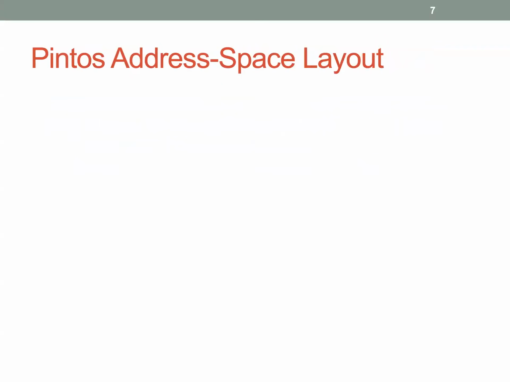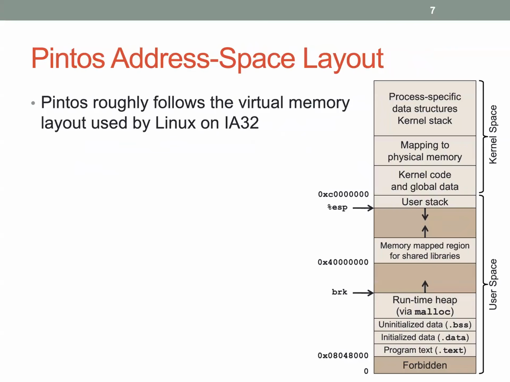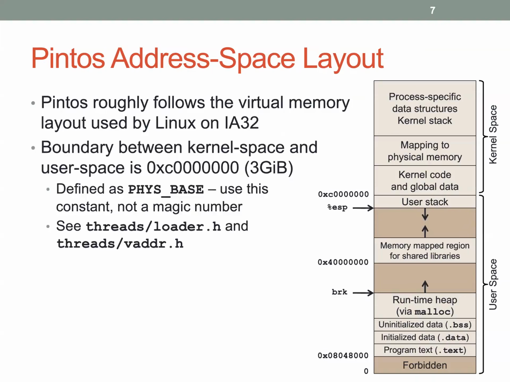Okay, address space layout. Let's talk briefly about this. I know some of you have already been diving into this code. Pintos follows a memory layout for user processes that generally follows the IA32 Linux ABI, the application binary interface. It's laid out pretty much like I have here on the slide.